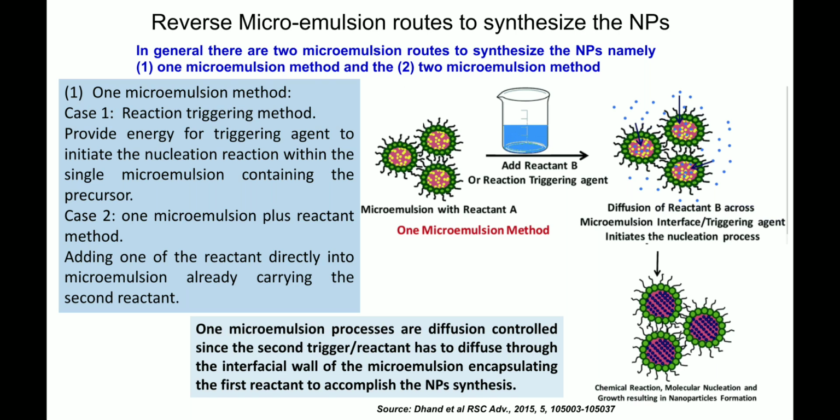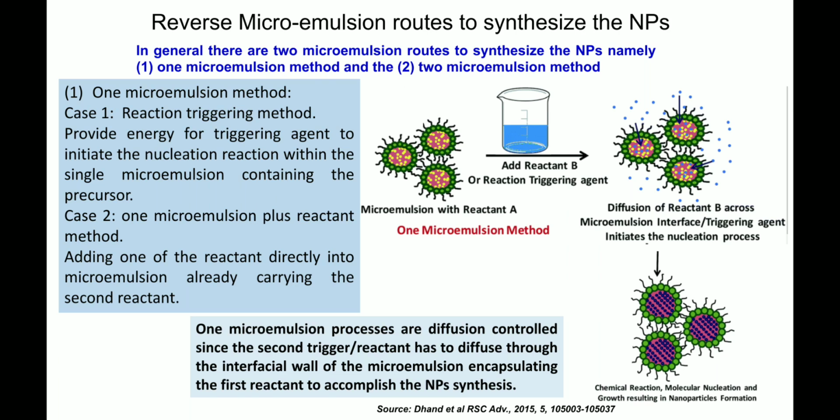So these micelles are also called nanoreactors. This is one way, where we use triggering agents, and with the help of triggering agents we are able to synthesize the nanoparticles.